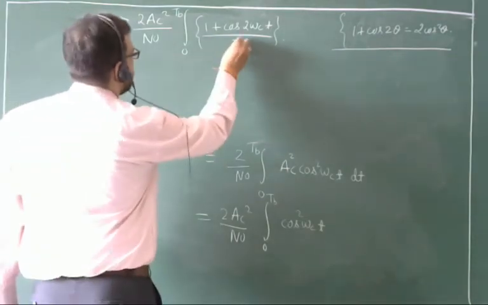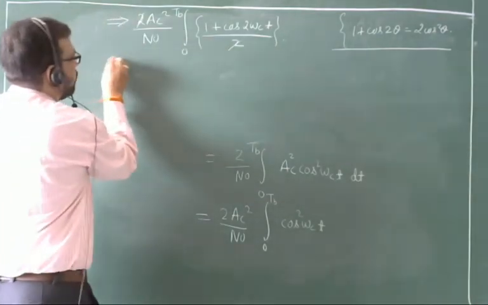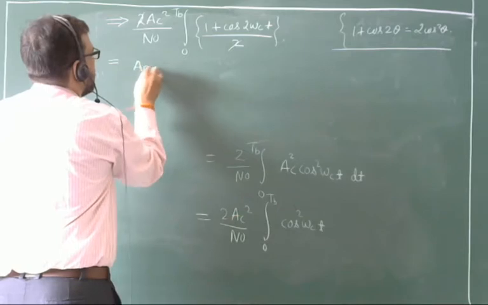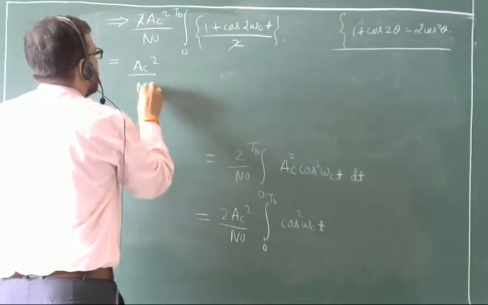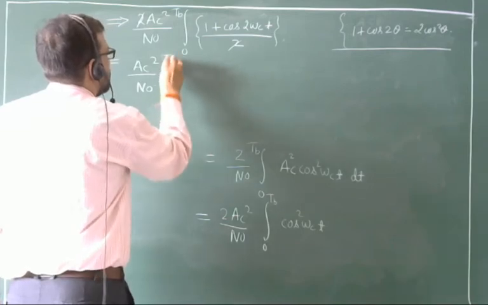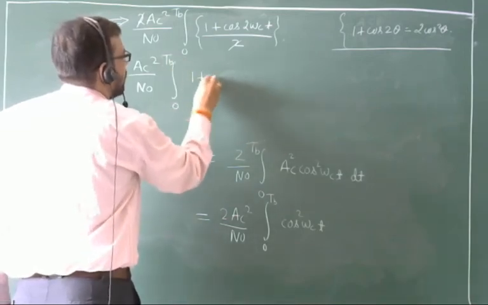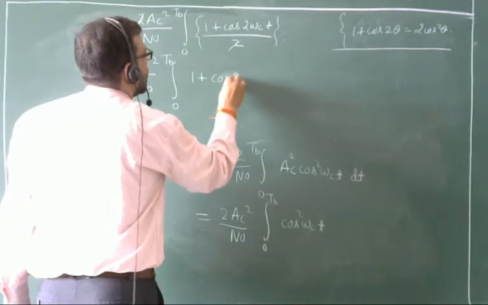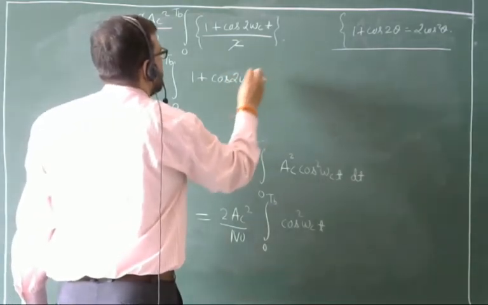Now this 2 cancels out, we get A C square upon N naught, integral from 0 to Tb of 1 plus cos 2 omega c t.